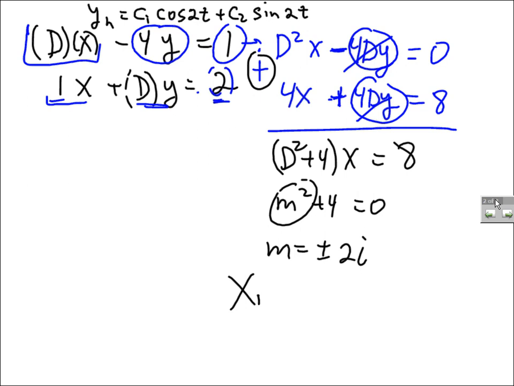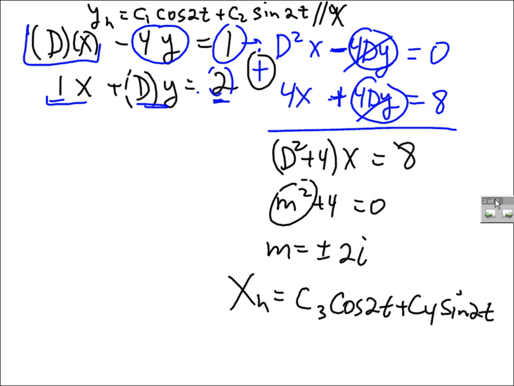So x homogeneous will be, I used C1 and C2 for y, so for x I'll start with C3. C3 cosine of 2t plus C4 sine of 2t.